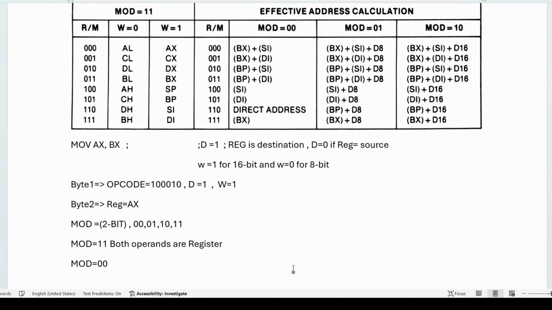Mod equals to 00 means one of the operands is a memory mode, but with no displacement.